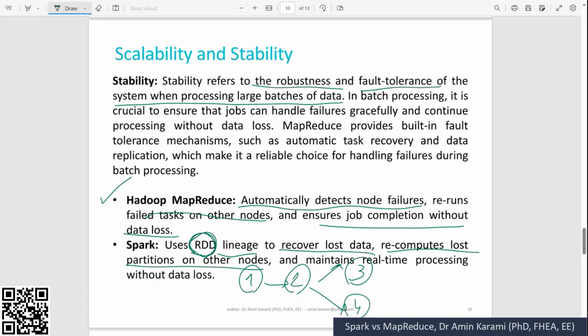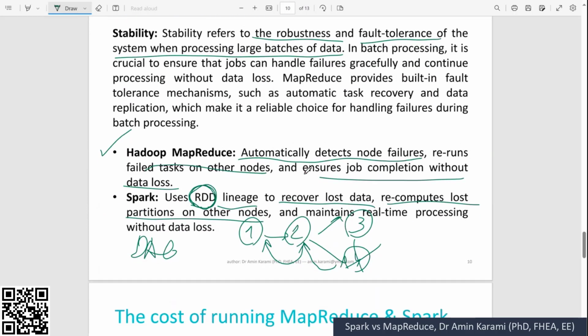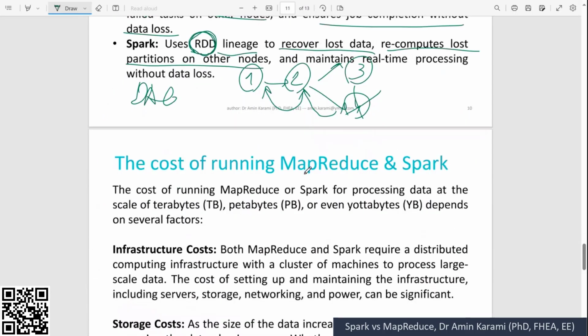If for any reason you lose data, or there is a hardware failure, because of this lineage, which we call a DAG, a directed acyclic graph, let's say you lose node 4 after calculation, this node 4 can recover itself by going back through this RDD lineage and recover automatically. All right. So as you see, we can provide both easily in Hadoop MapReduce and Spark.